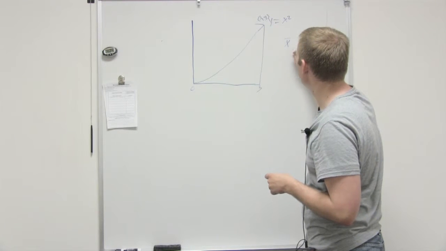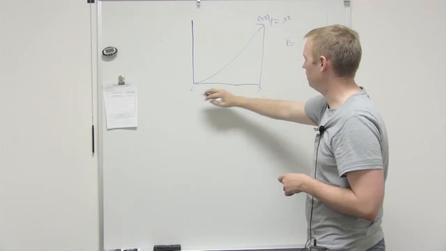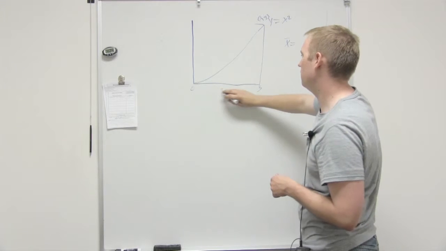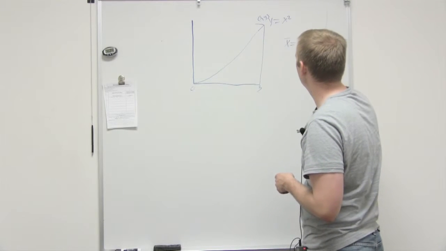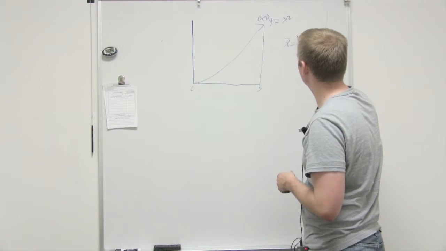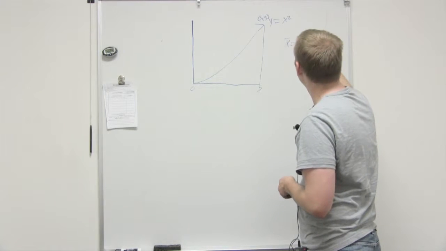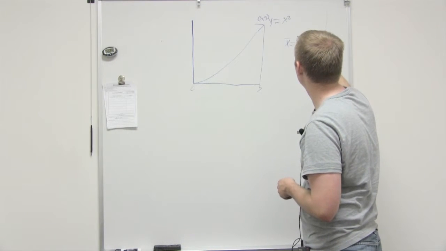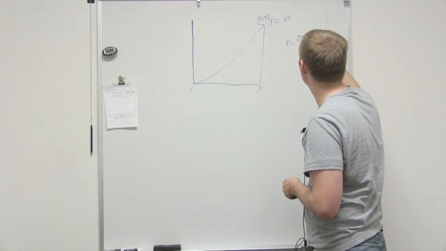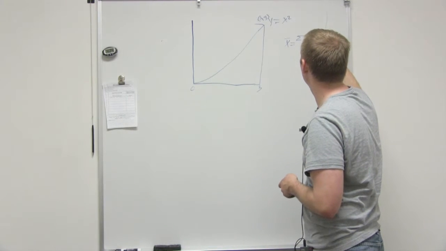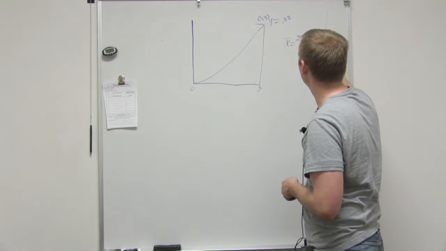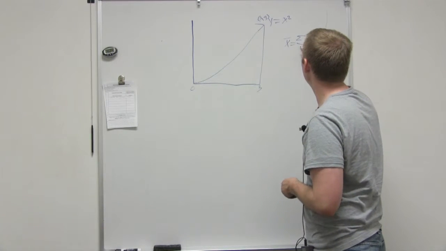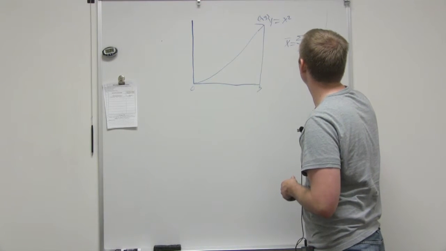Okay. So x bar is the distance in the x direction to your centroid, which is, as you have written down, the sum of x tilde times the area divided by the sum of the areas.